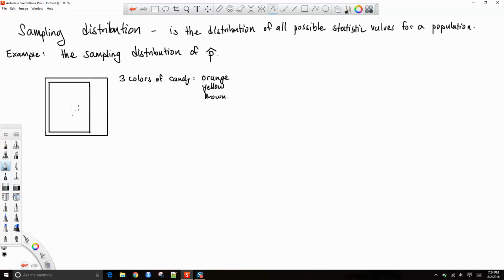And so let's say we know that in this machine, with hundreds of pounds of candy, exactly 30% of the candies are orange.